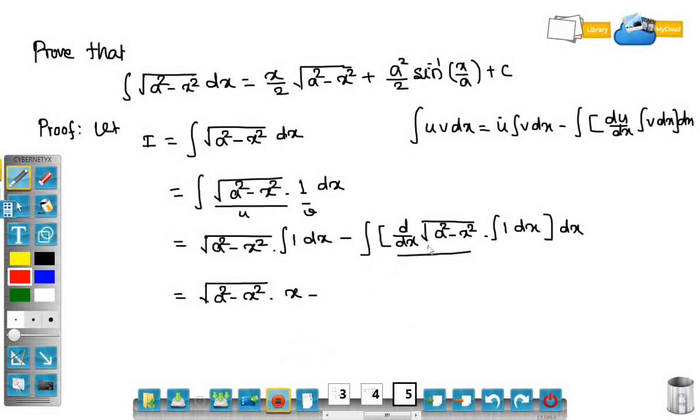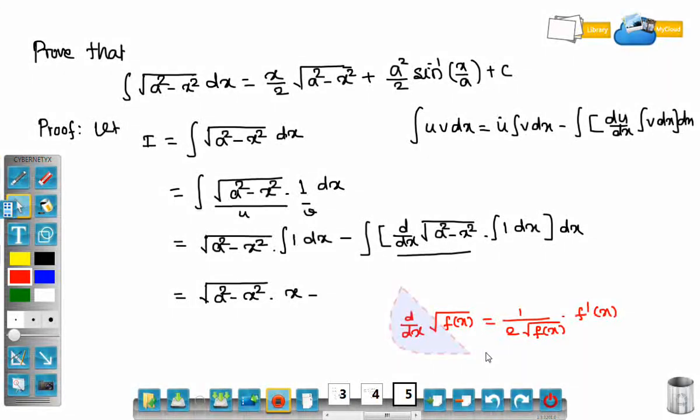To find the derivative of this function, you should know the derivative of under root of f of x. You should know this formula: the derivative of root f of x is 1 upon 2 under root f of x into the derivative of f of x, that is f dash of x.